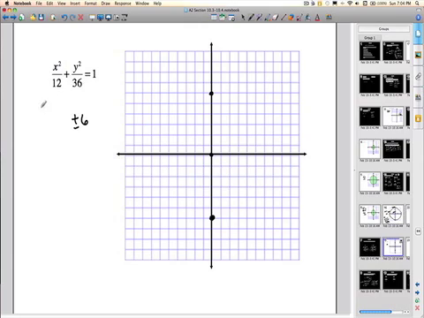On the x-axis, I'm going to go plus or minus root 12, which is again between 3 and 4. So I go 1, 2, 3 each way, and here's my ellipse.